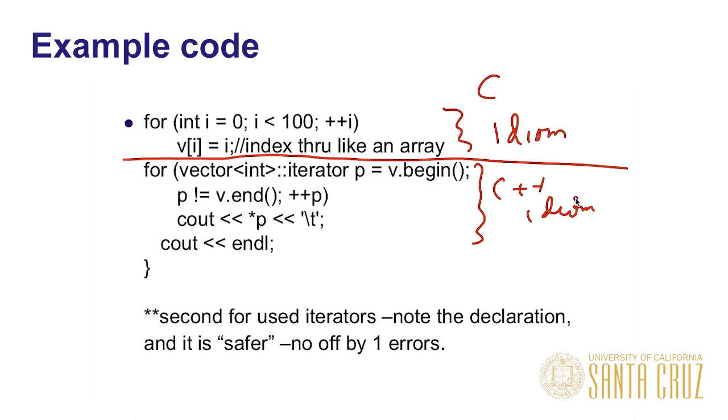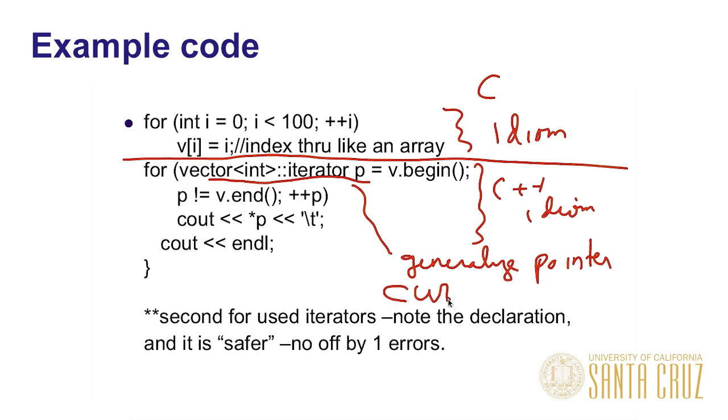And here you see that you have this notion of iterator, this generalization of pointer. We also sometimes call it a cursor. Understand that it's looking at a position.